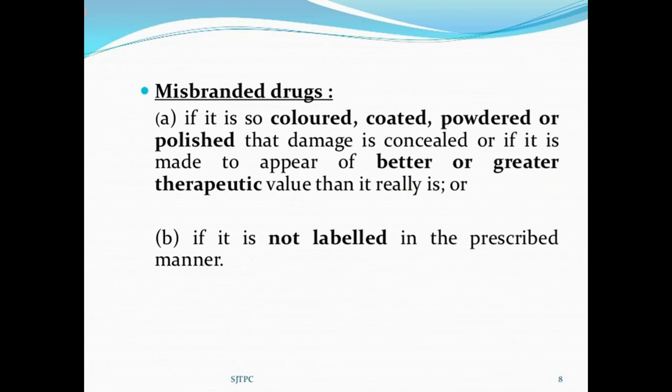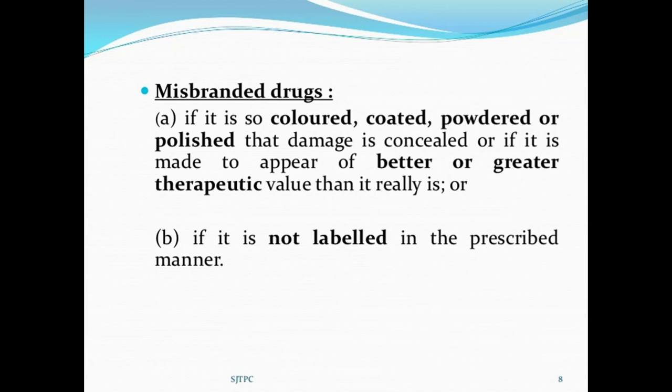Misbranded drugs. So what is a misbranded drug? A drug without any specific brand, or claiming to be something other, that it is colored or coated or powdered or polished so that damage is concealed, or if it is made to appear of better or greater therapeutic value than it really is, or it is not labeled in the prescribed manner.